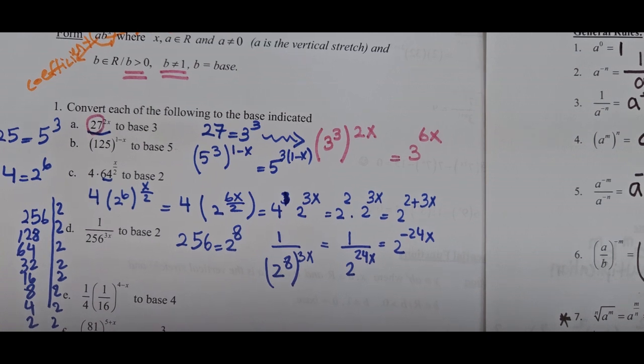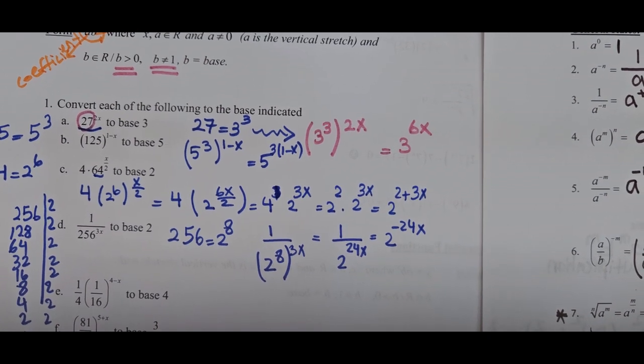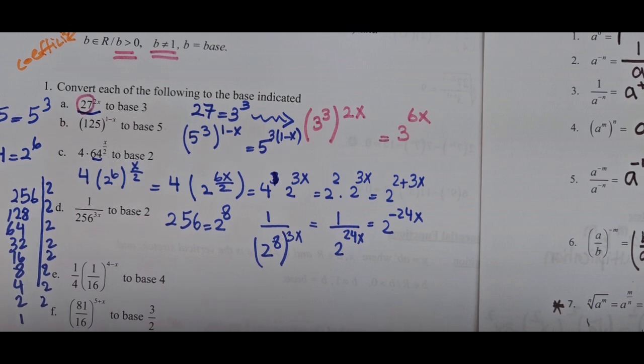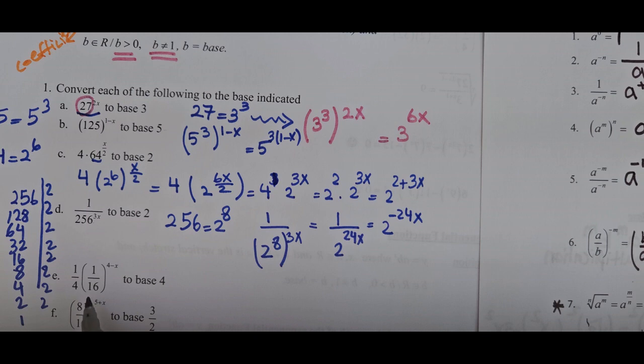Okay, next question, you have 1 over 4 multiplied by 1 over 16 to base 4. Here, what I will do, 1 over 16 is actually 4 to the power 2. So I just write it 1 over 4, which is the coefficient. 1 over 4 to the power 2, and then 4 minus x.